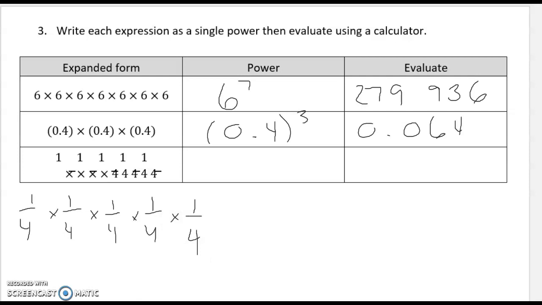So our base is obviously 1/4, and then our exponent is 1, 2, 3, 4, 5, right? Good, just want to make sure I have the same amount. And then when you put that into your calculator, you'll get 1 over 1,024.